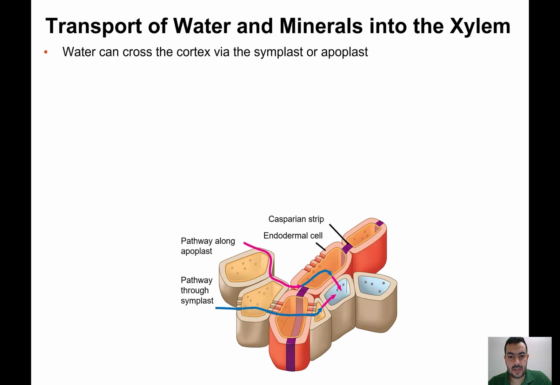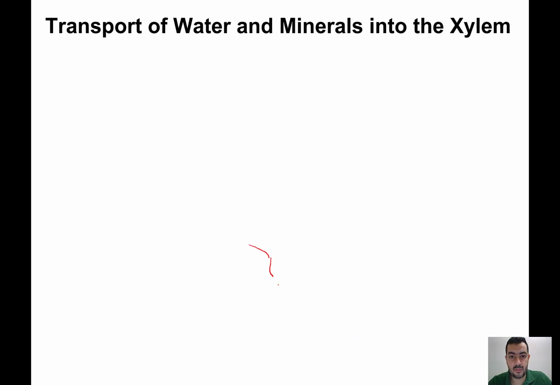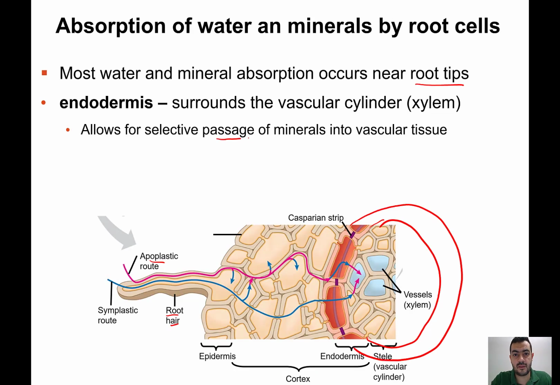So what happens is actually like this. As we said, if the minerals and water are following the apoplastic route, they will move outside of the plasma membrane. This does not allow the selective transport, because selective transport involves crossing of the plasma membrane. Maybe we'll highlight it in the previous slide.